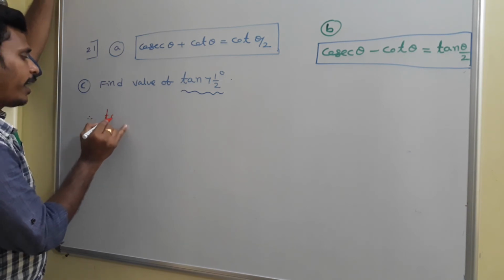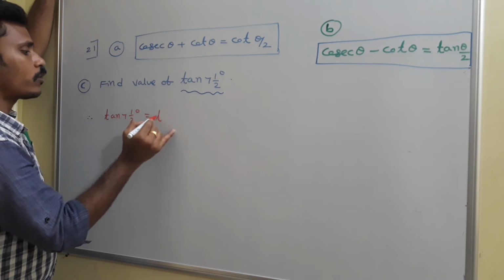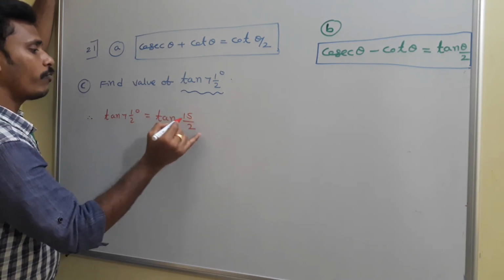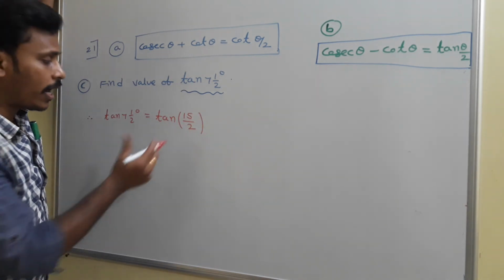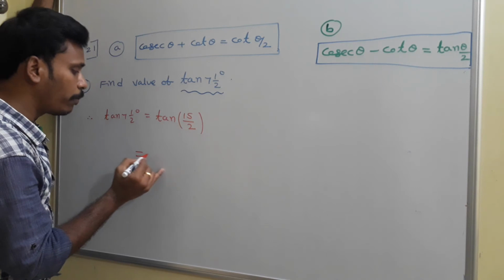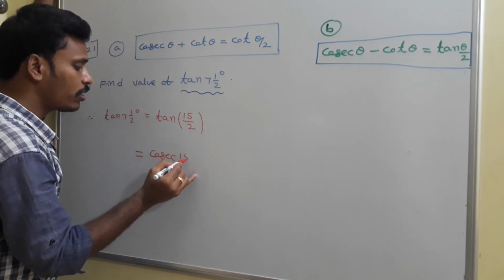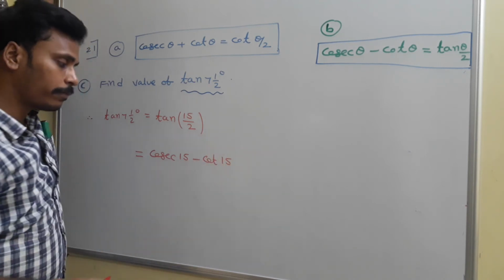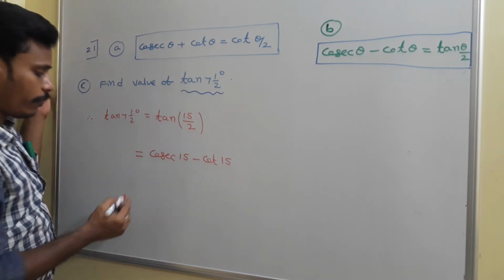Therefore, tan 7.5 degrees is equal to tan, where 7.5 is nothing but 15 by 2, is it right? Just like tan theta by 2. And since it is tan 15 by 2, by B bit it is nothing but cosecant 15 minus cot 15, is it right? Now you need to use the values of cosecant 15 and cot 15.